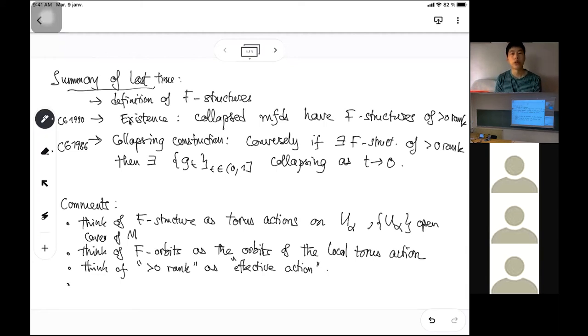And also, last time I introduced the word polarized. Think of polarized as just meaning free action. So free action meaning no non-trivial element of your torus is going to fix a point.